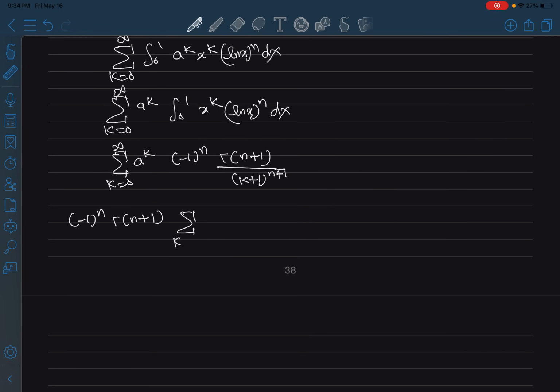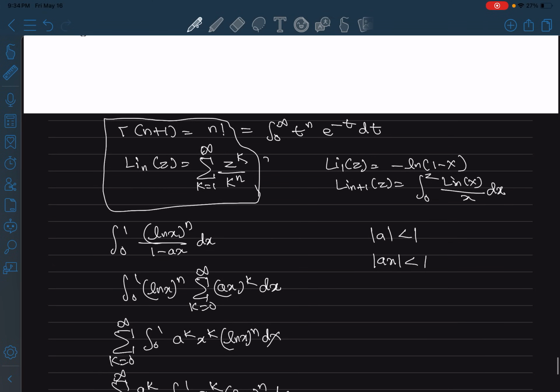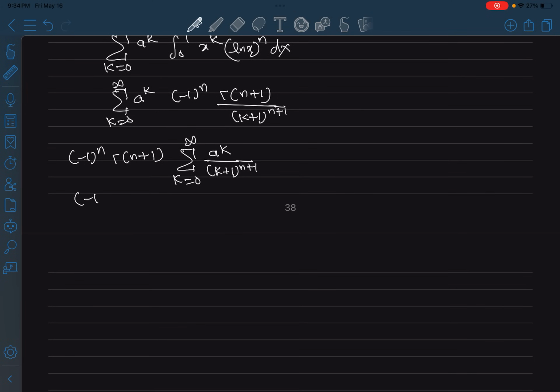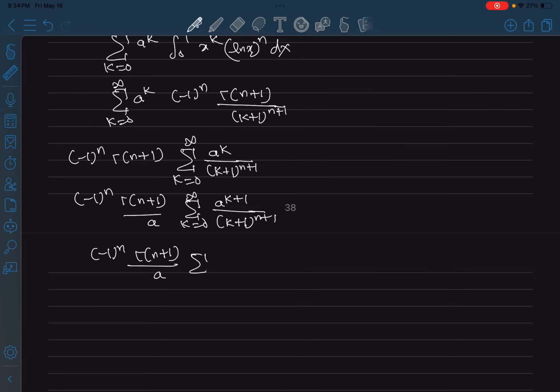That leaves us with the sum from k equals 0 to infinity of a to the power k by (k+1) to the power n+1, right? But notice that it's so similar to the polylogarithm, just that it runs from 0 instead of from 1. So if you want to make it run from 1, you can first divide by a, and then make this look like a to the power k+1 by (k+1) to the power n+1. Since all of these are just k+1, you can now make this sum go from 1 to infinity and replace k+1 just by k.